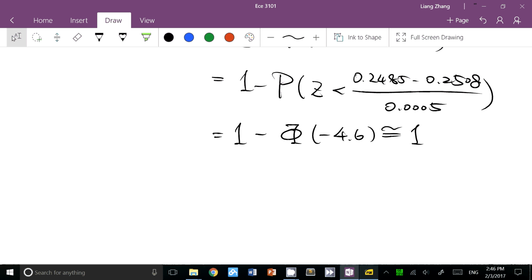Now let's suppose we have another example. An example is constructed like this.